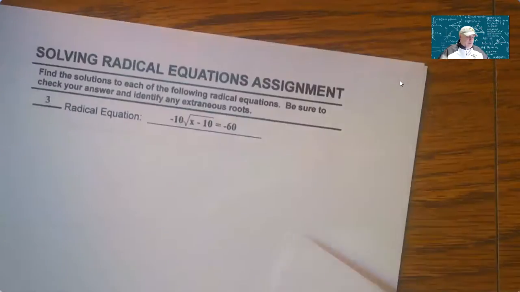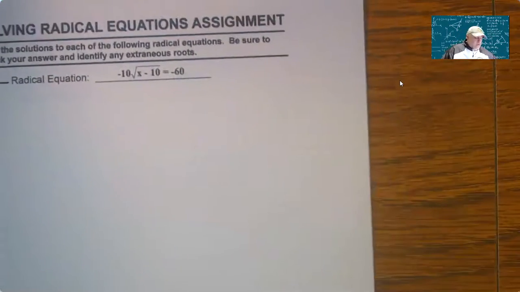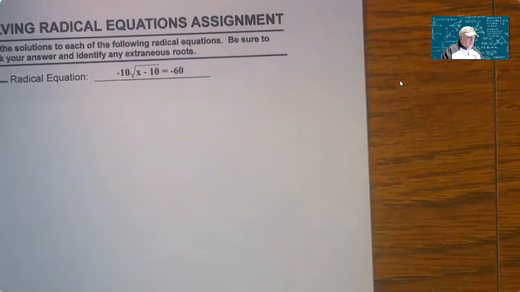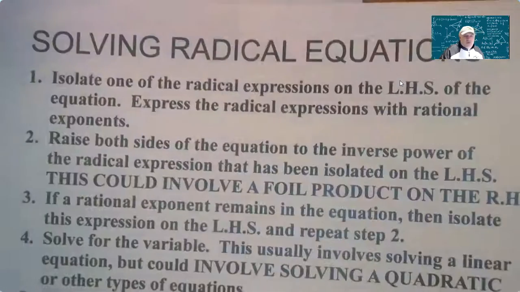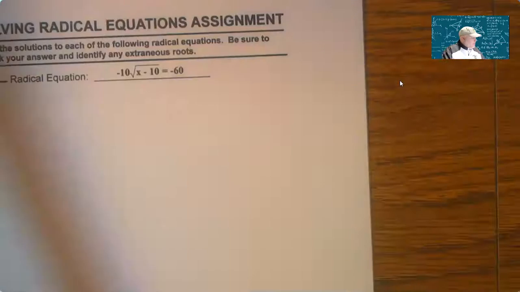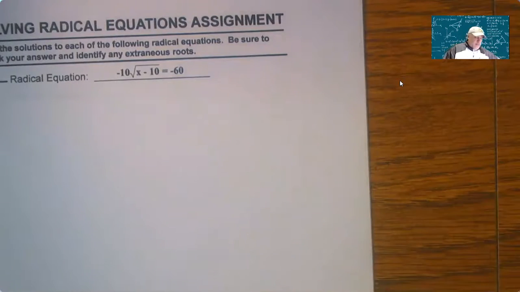So let's move up to number 3 here. So you want to try to isolate the square root or the cube root expression. So dividing each side by -10 is the idea. So this is step number 1 here. And so that makes it 6.